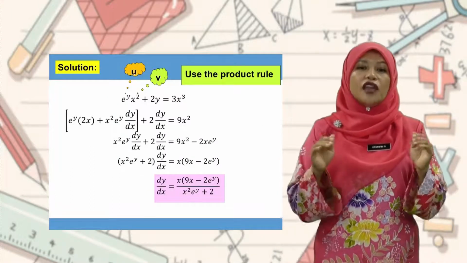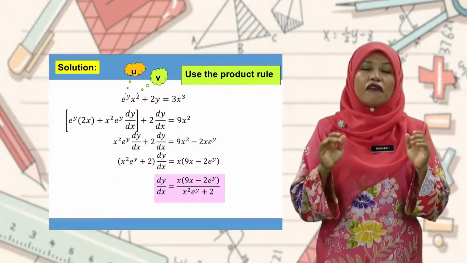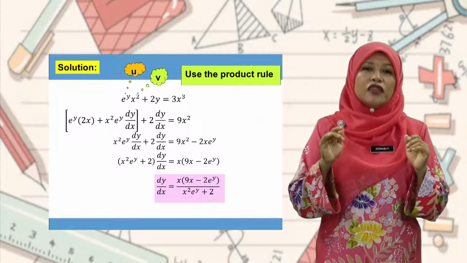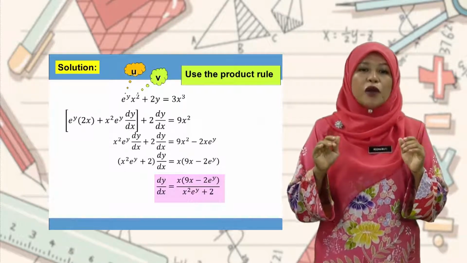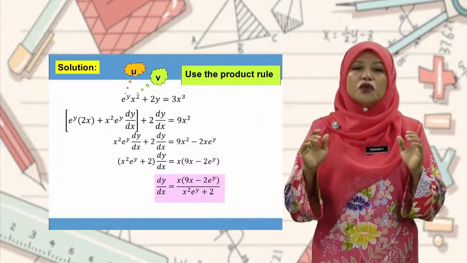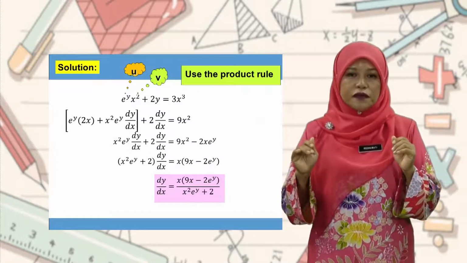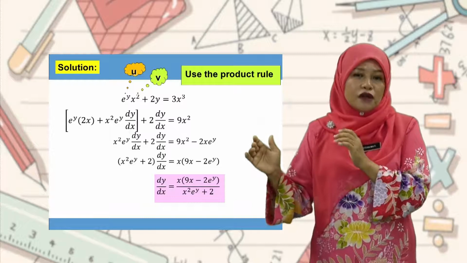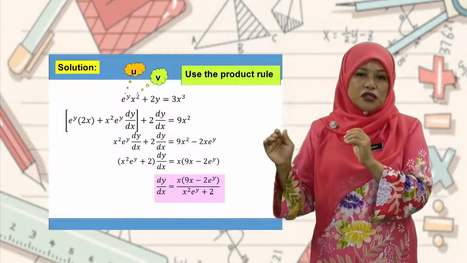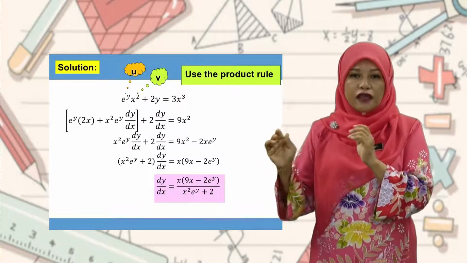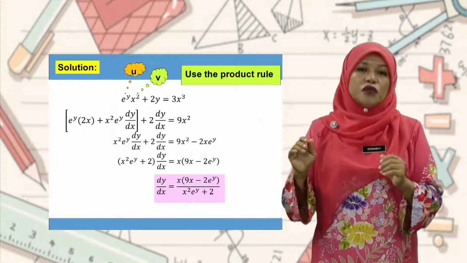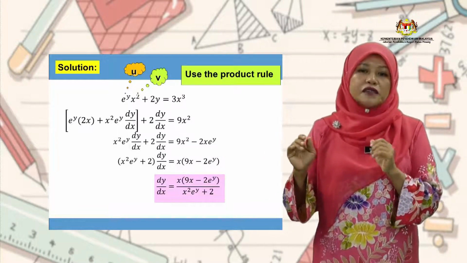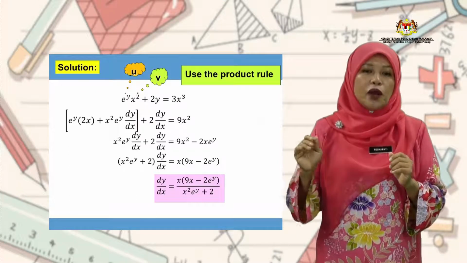When we gather it on the left side, we will have x squared multiplied with e to the power of y plus 2, and then we multiply with dy dx. And on the right side, we can also factorize because we have a common factor, which is x. So we will have x times 9x minus 2 e to the power of y.